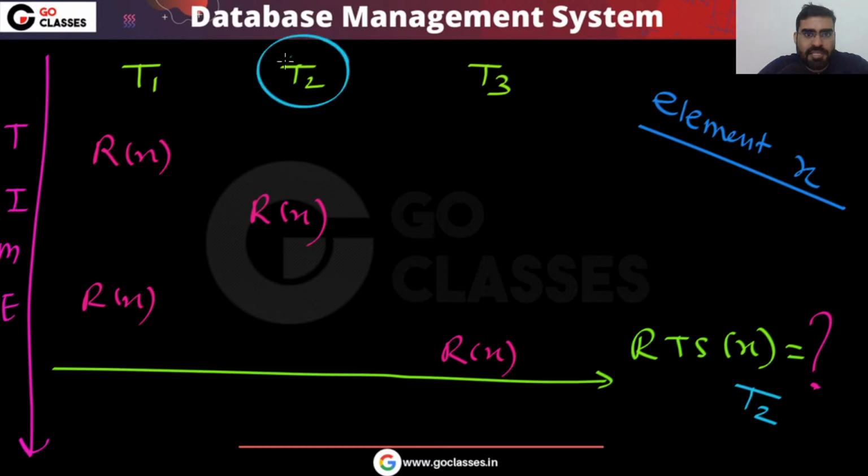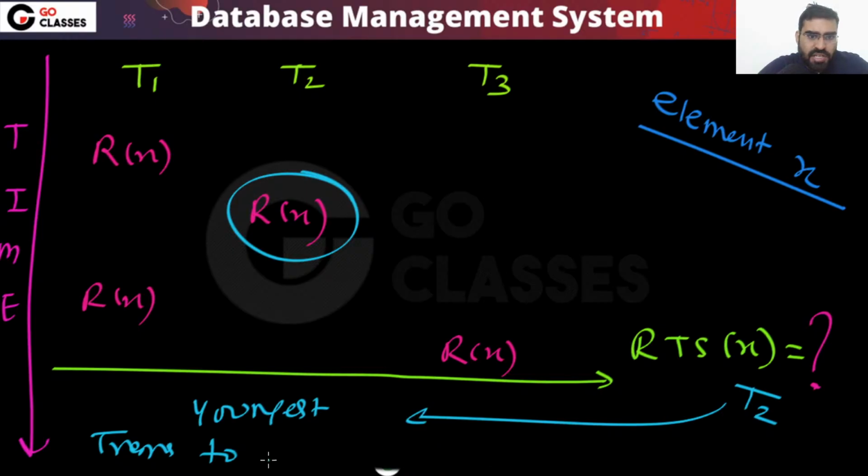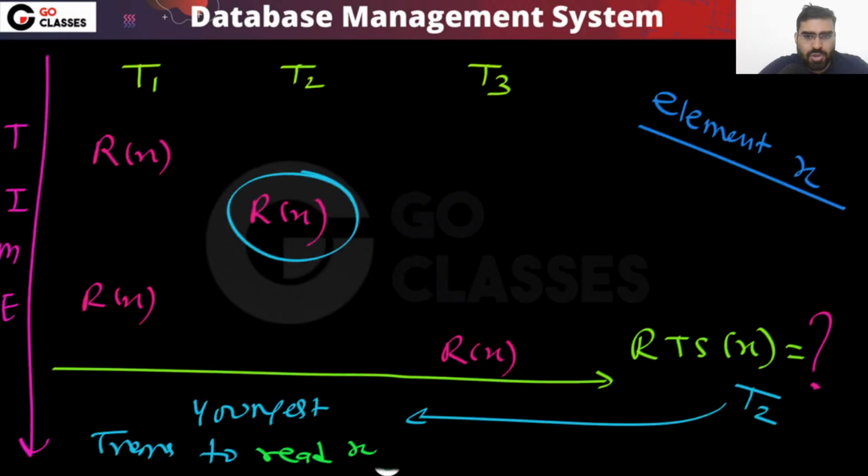The answer will be T2, because T2 is the youngest transaction to read X. Is this clear to everyone? Ekta, is this clear? The answer will not be T3, it will be T2, because T2 is the youngest. This is the order T3, T1, T2. So the answer will be T2.